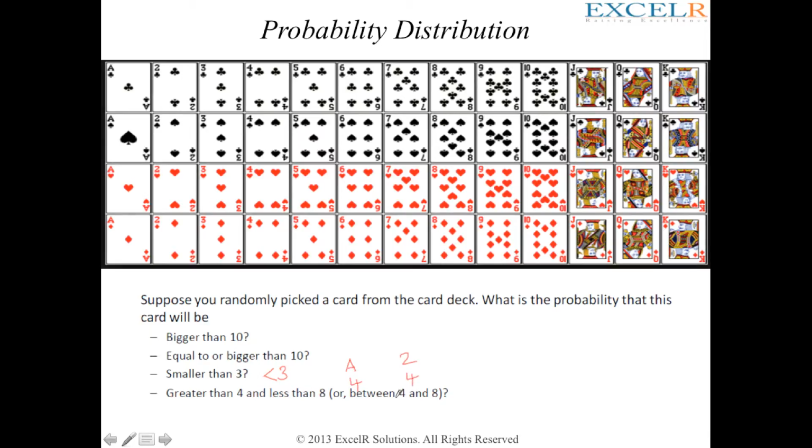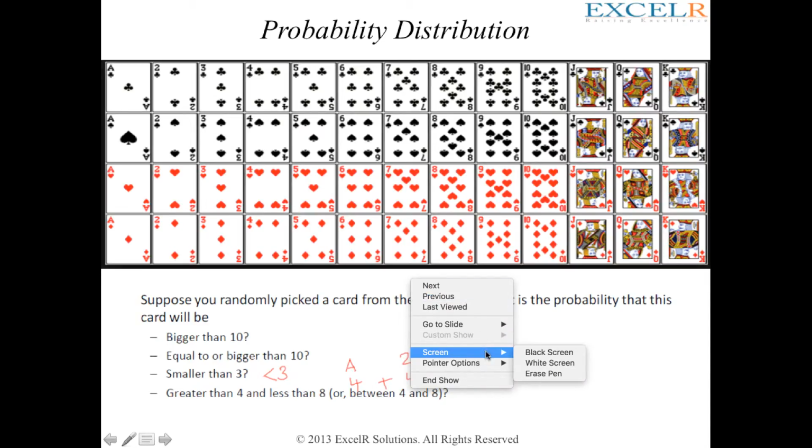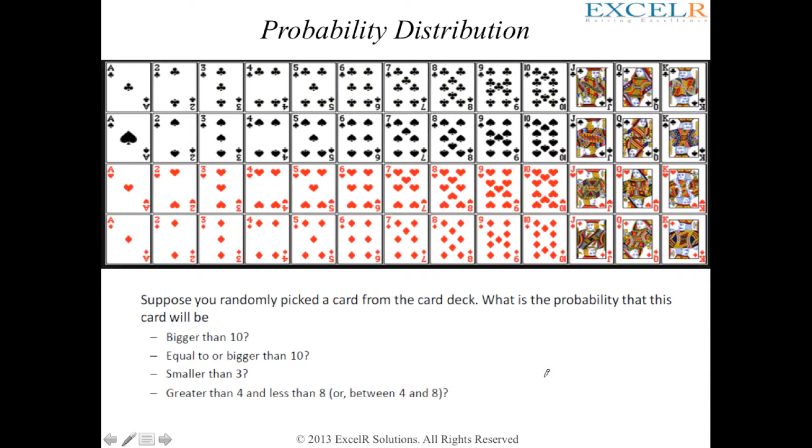So the probability of a card smaller than 3, if I randomly pick one card out of these 52 cards, is equal to 4 plus 4, which is 8, divided by total number of cards. Now let us try to solve the last one, post which I'll actually explain you about histogram and probability distribution.